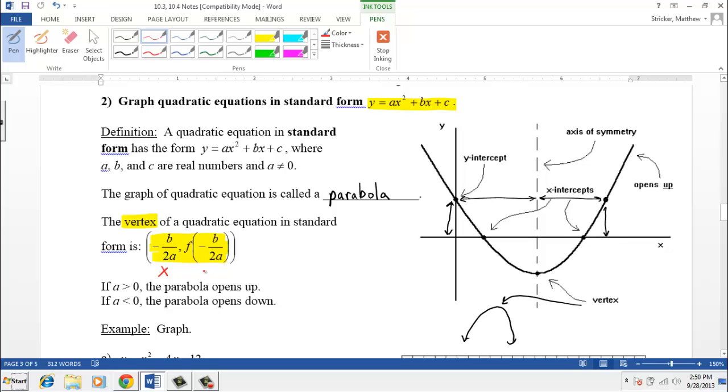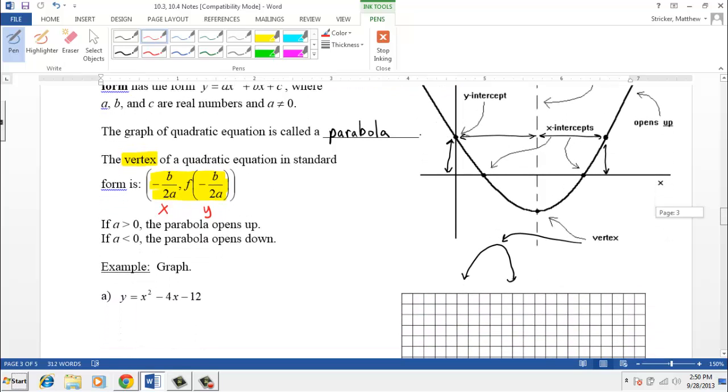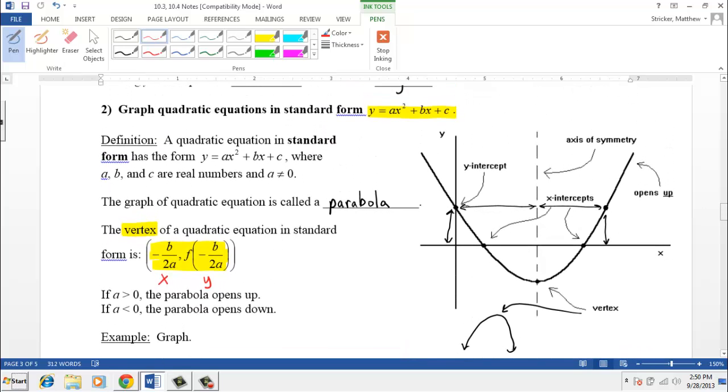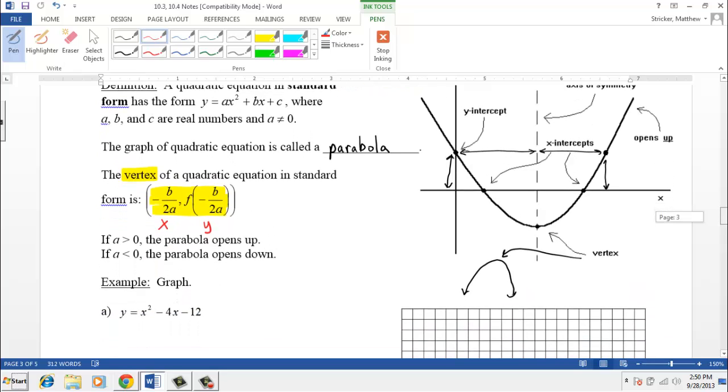And then we get the y value by plugging whatever that happens to be back into the function. And one more thing to point out, if the leading coefficient, that's the number in front of the x squared, is positive or greater than 0, that means the parabola is going to open up, and if it's less than 0, the parabola is going to open down.